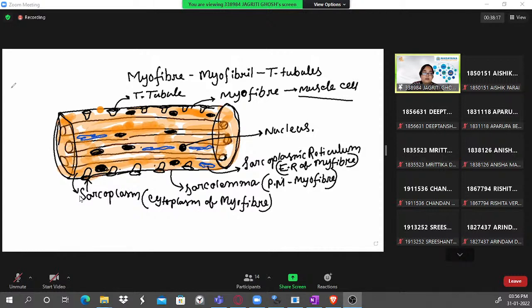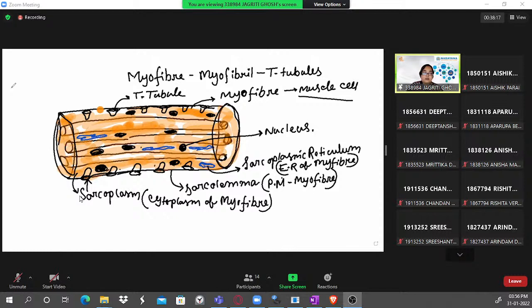These are the nuclei. The outer plasma membrane is called the sarcolemma. It has some one-way channels which are known as tubules. The inner cytoplasm is called the sarcoplasm.